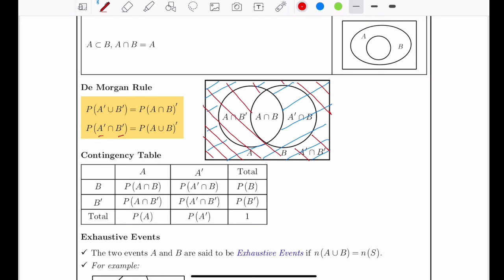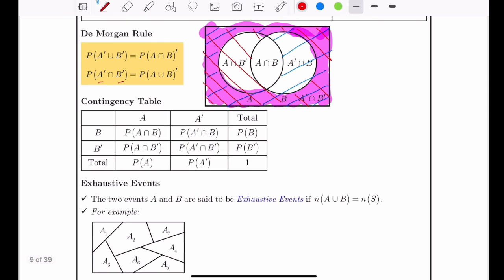So the area which has common elements is the one outside, where we can see there's overlap between the red and the blue pen. So as we can see here, the shaded region is everything except for A union B. So that's why we get P(A union B) prime.